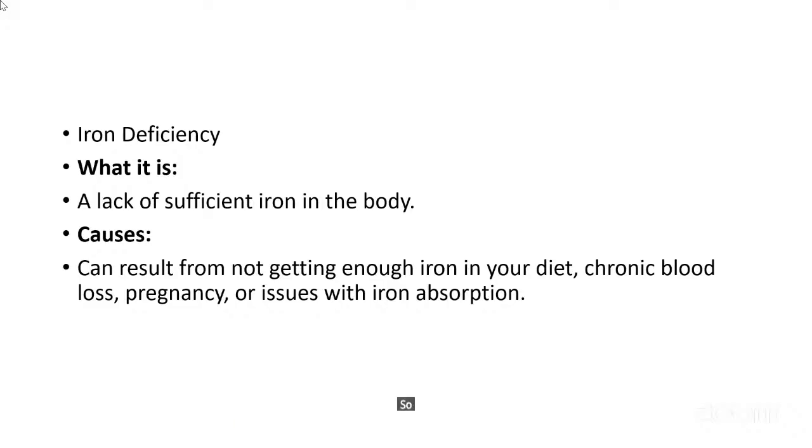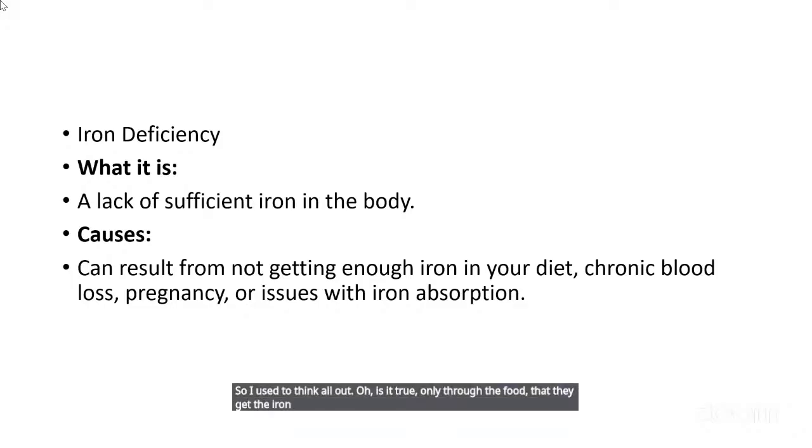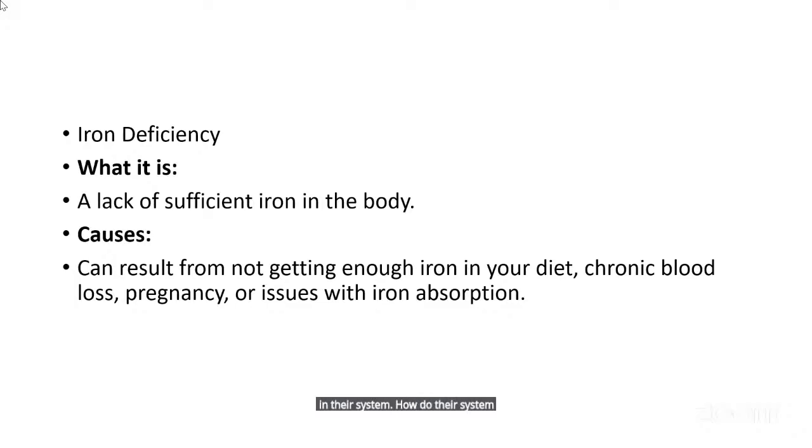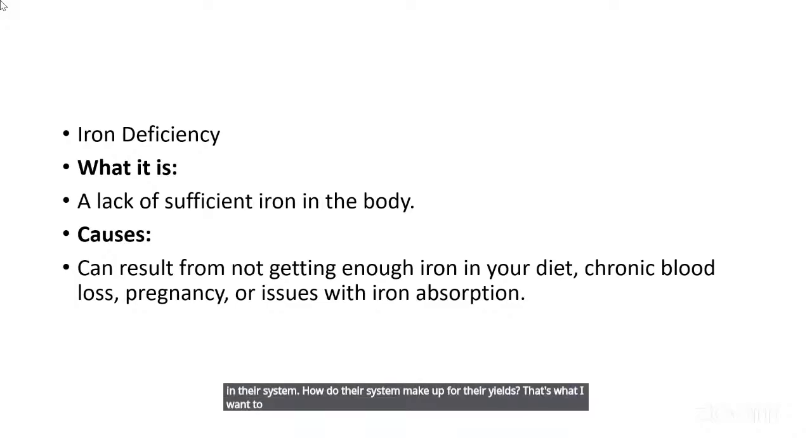From what can lead to anemia, iron is one of them. So I used to think, is it true that they only get iron through the food, and is the iron that they get through the food not going to have any effect in their system? How does their system make up for the iron? That's what I want to ask.